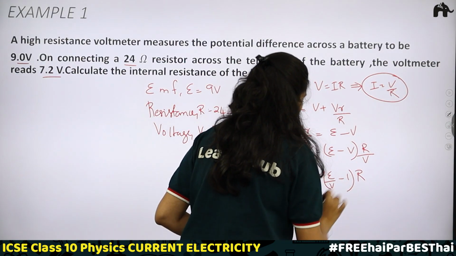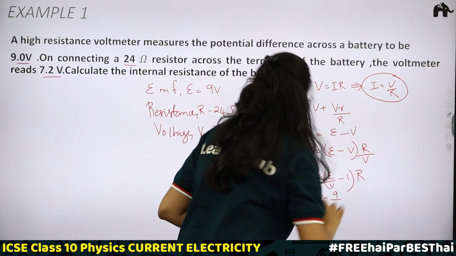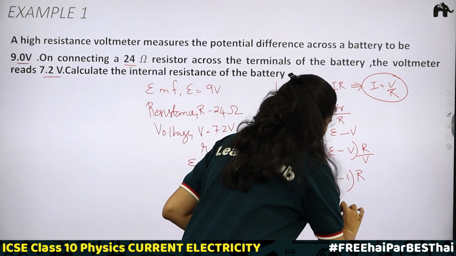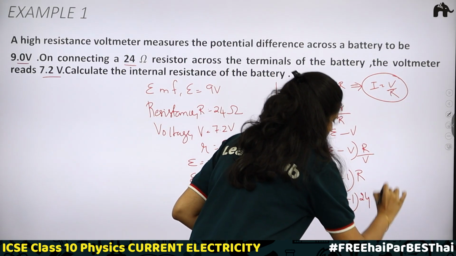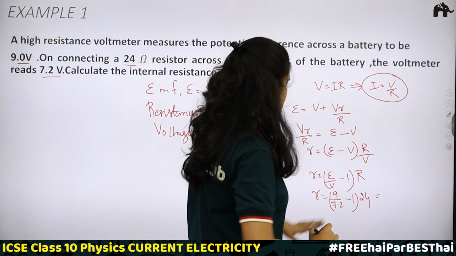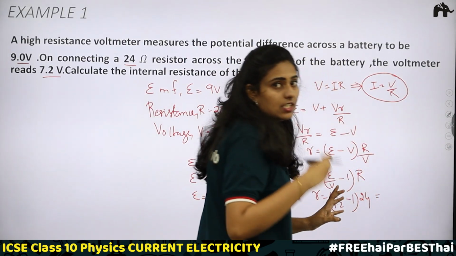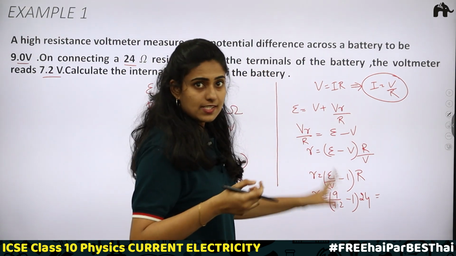Internal resistance is equal to EMF, EMF is given 9, divided by voltage 7.2, minus 1, into 24. This can be written as 90 divided by 72. On cancelling we will be getting 18 into 5 is 90 and 18 into 4 is 72.